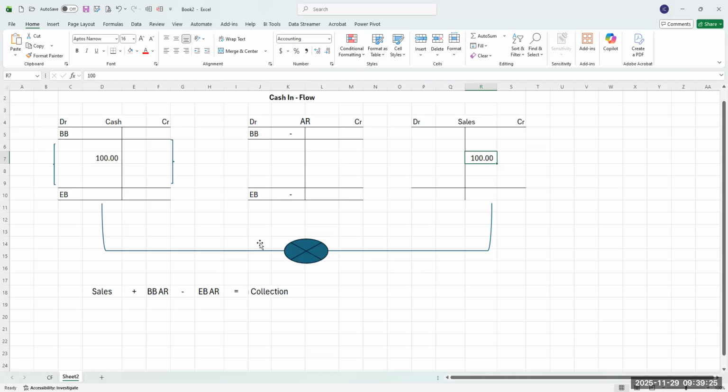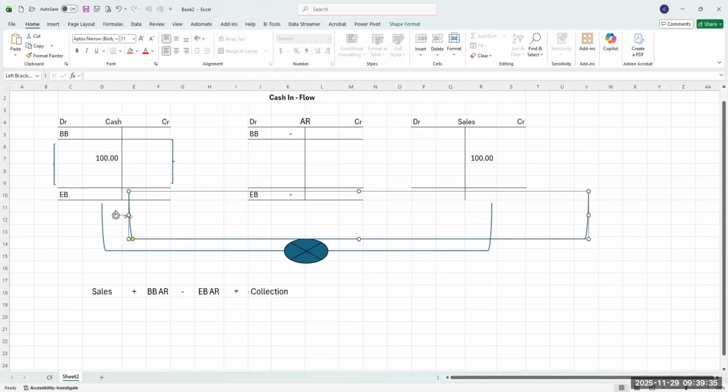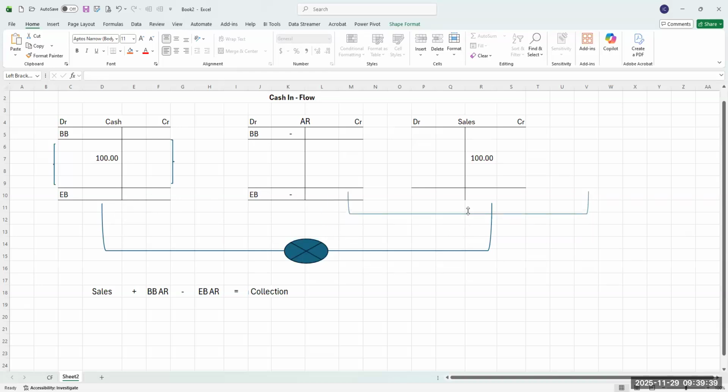Are you guys with me? Again, if the beginning balance of the accounts receivable is 0 and the ending balance is also 0, how much cash did I collect? 100.